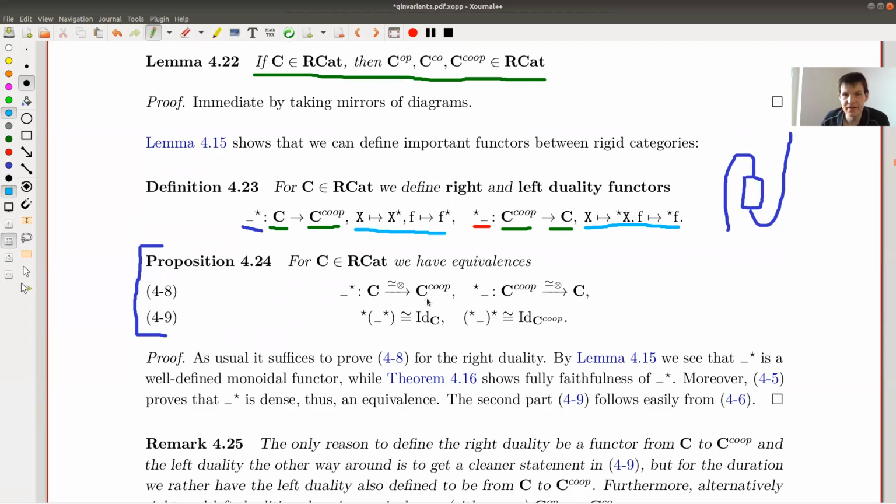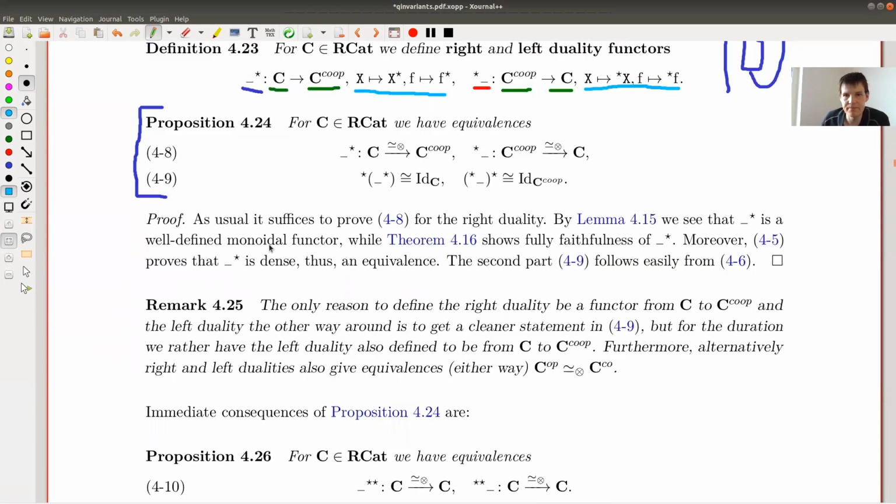So they identify C with C co-op from left and right. And of course, depending on how you want to state it, they would also identify C op with C co. Anyway.